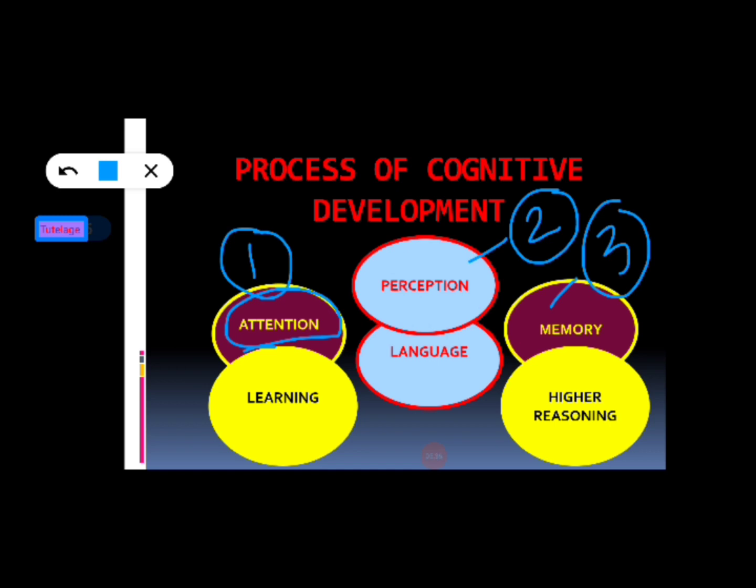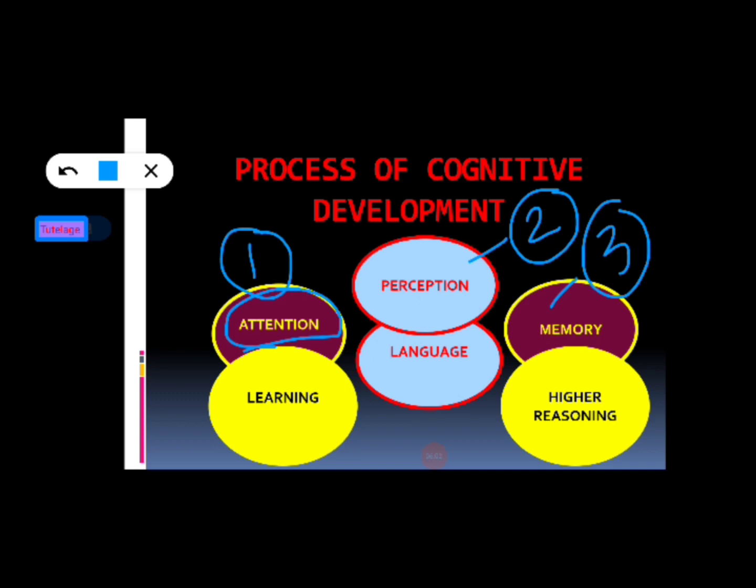So what is memory? Memory is storing, finding and accessing the knowledge which we acquire or capture from the environment. Memory is the storage of information.